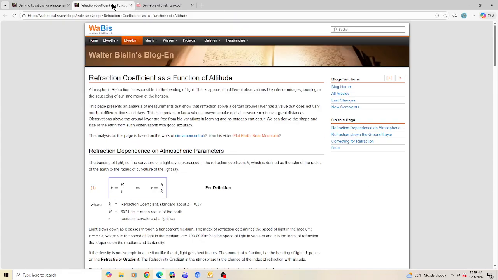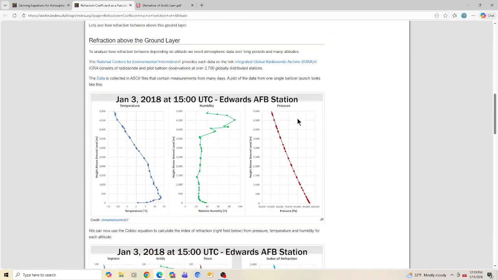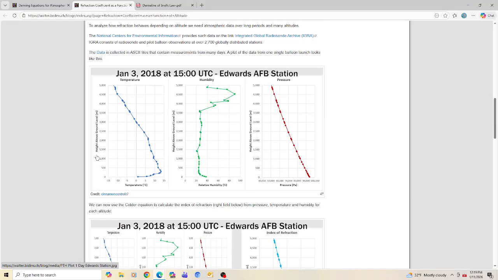A lot of these equations that are derived also talk about a height above ground level. Okay, not a specific altitude above sea level, a height above ground level. So if you're standing on a mountain that's 7,000 feet, you're still 0 feet above ground level on the mountain you're standing.